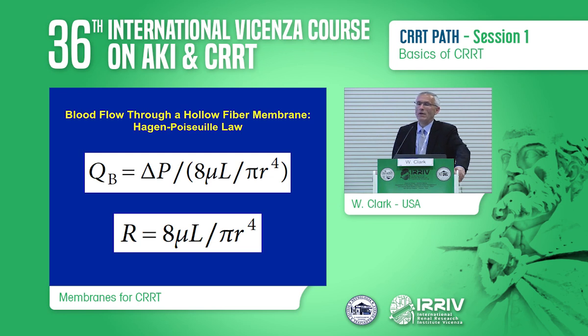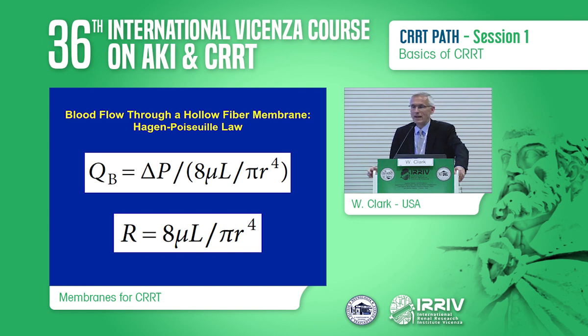Now, if we look at what actually happens when blood flows through a hollow fiber membrane, in terms of engineering principles, it's the same as blood flowing through a cylinder. And there's literally hundreds of years' worth of work on fluid flow through cylinders, so that information can be applied to hollow fiber membranes.